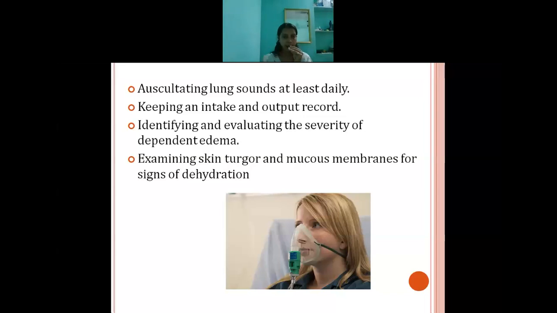So this is particularly regarding heart failure and the nursing interventions.